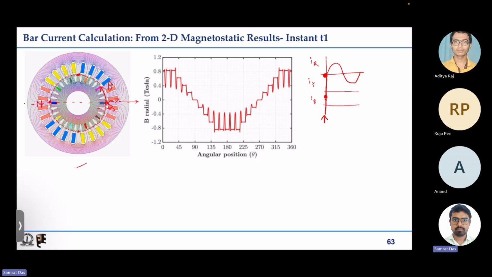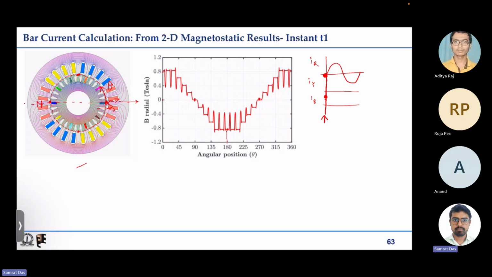We will get this type of distribution, where at 0 degree it is positive maximum. Considering the fundamental sinusoid component, at 180 degree it is the negative of that, and at 360 degree it is again the positive peak. At 90 degree and 270 degree it is 0, as can be seen from this flux line plot also.